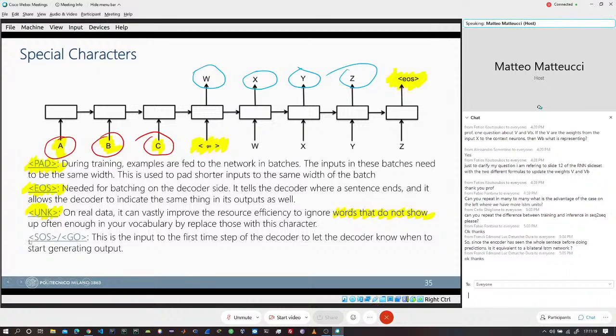Last but not least, as I said already, the start of sentence or go, which is used to move from the input sequence to the output sequence.